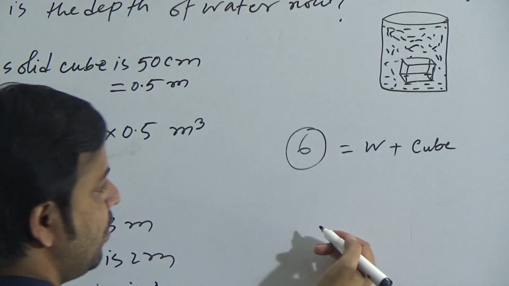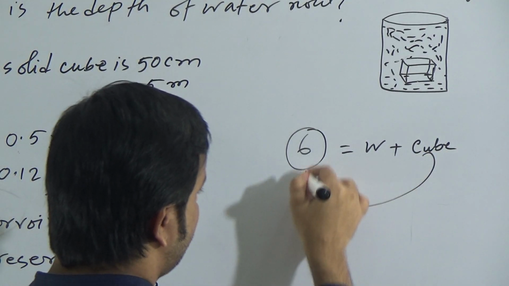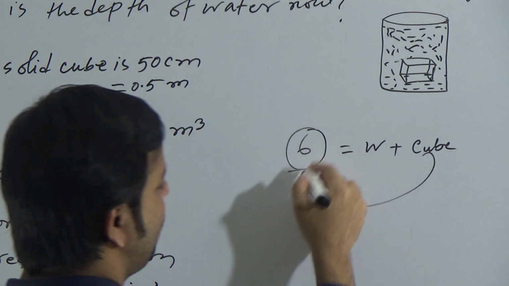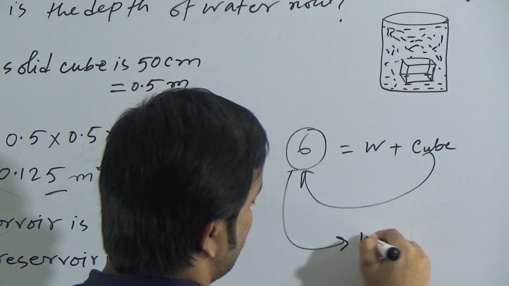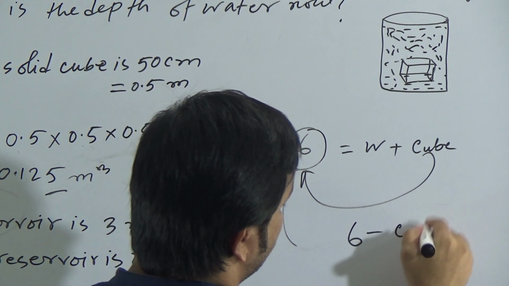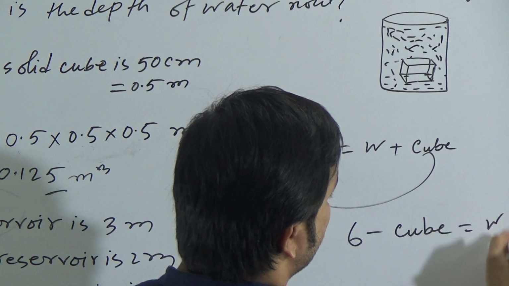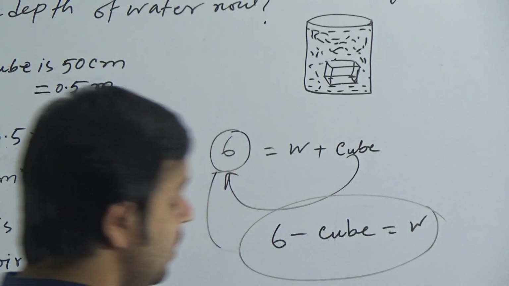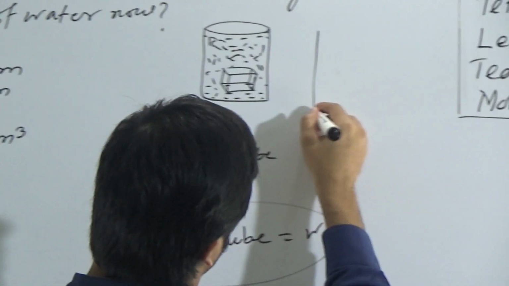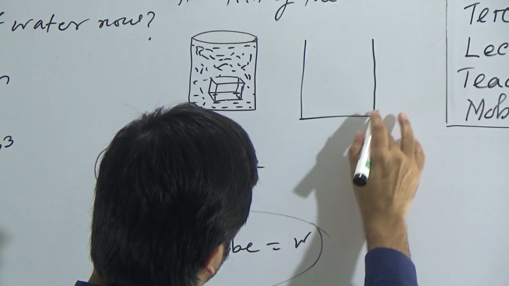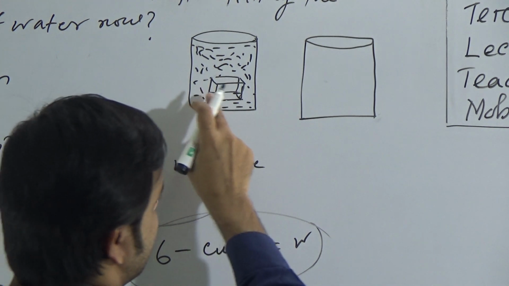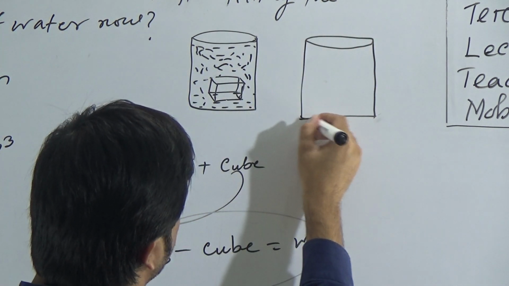So if we subtract the volume of the cube from the total volume, we will get only the volume of water. Now, suppose we want to take away the cube from the water. If we take away this, we will get only water here.